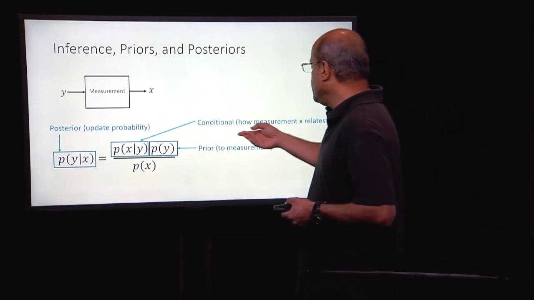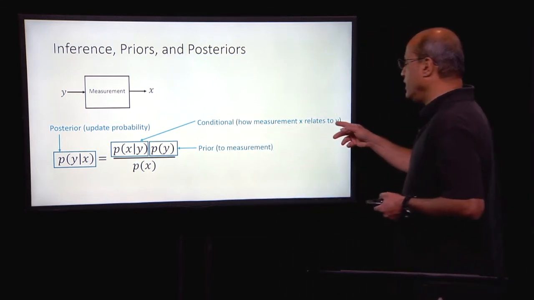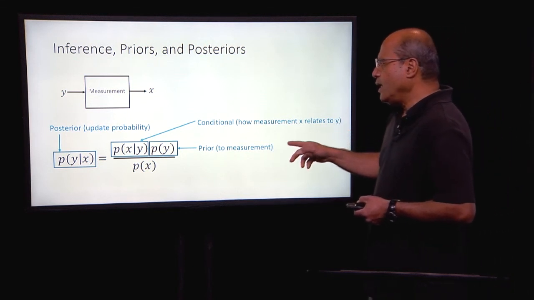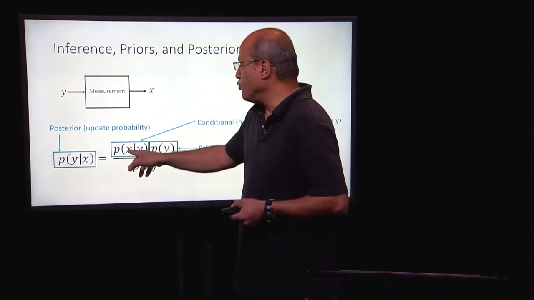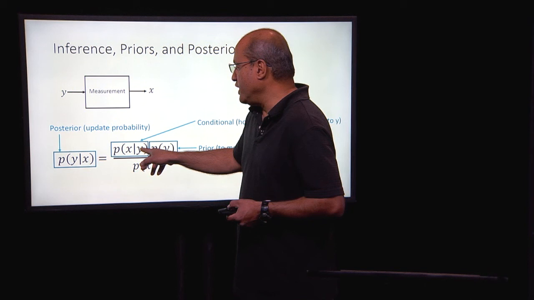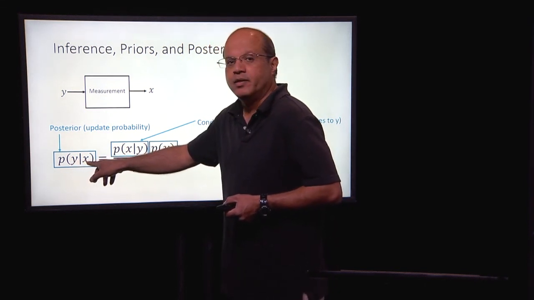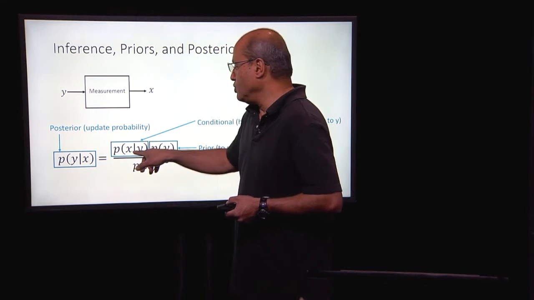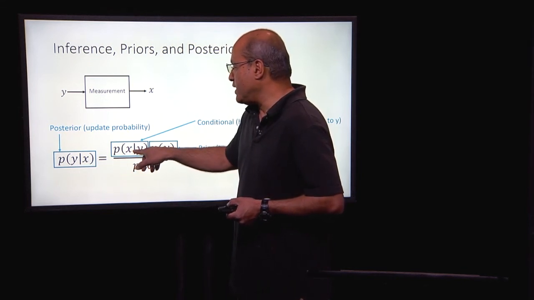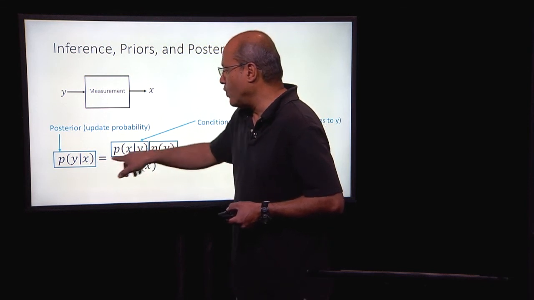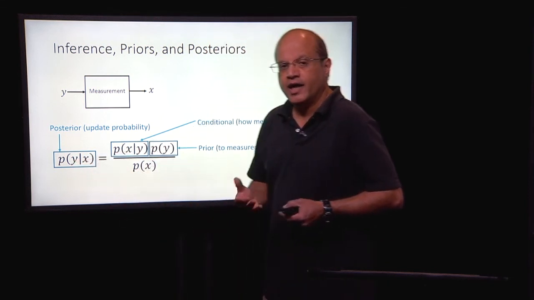So this describes how the measurement x relates to y. And then our task is to go from this description of the experiment to actually inferring something about y given the measured x's. So the problem in some abstract sense is to go from the conditional density of x given y to y given x. And we know how to do that.